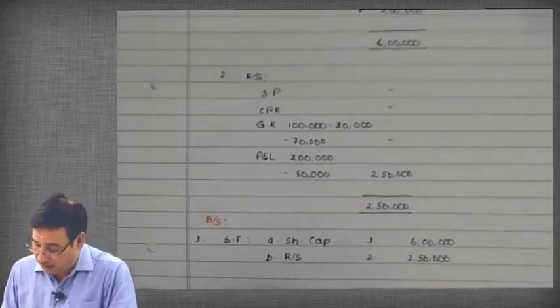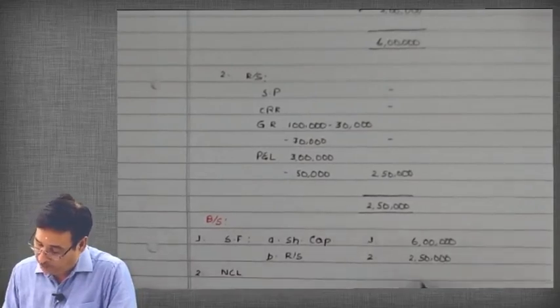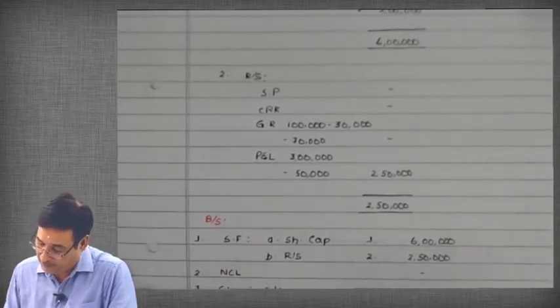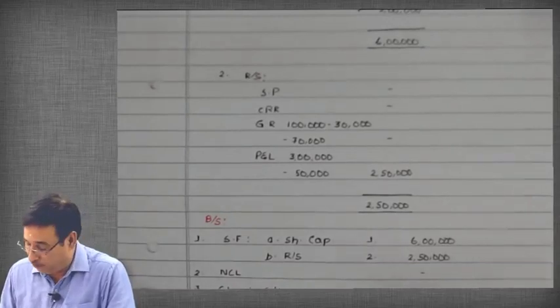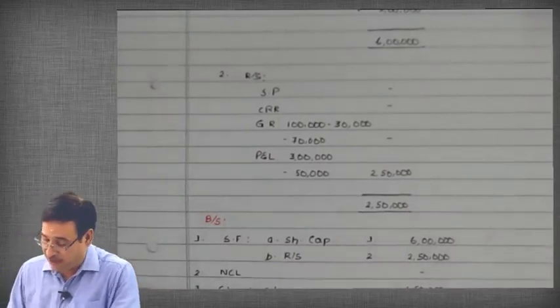Then there is no non-current liability. However, current liability in the form of creditors is there, sundry creditors. Sundry creditors are worth rupees 1,50,000. Total is 10 lakh.